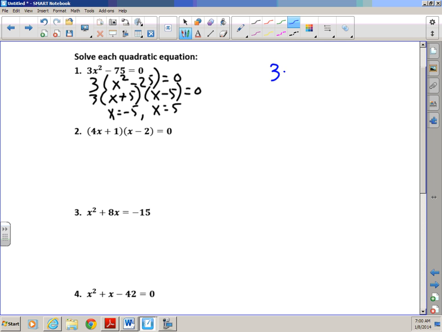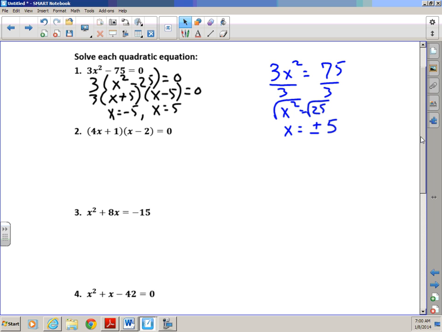In other words, isolate the variable. Now, if x squared is equal to 25, I want to take the square root, and the square root of 25 is both positive and negative 5.